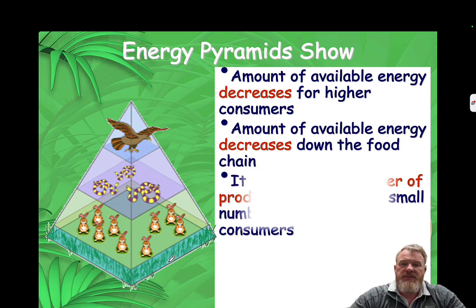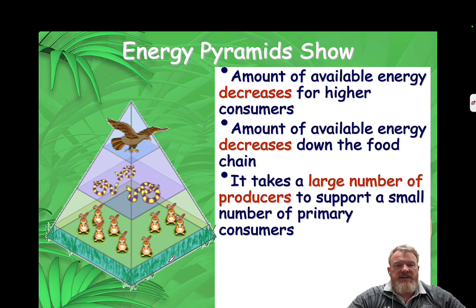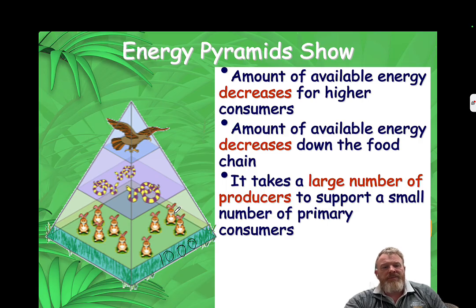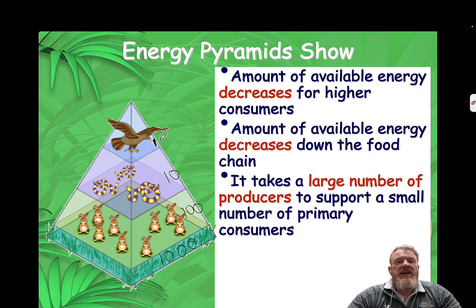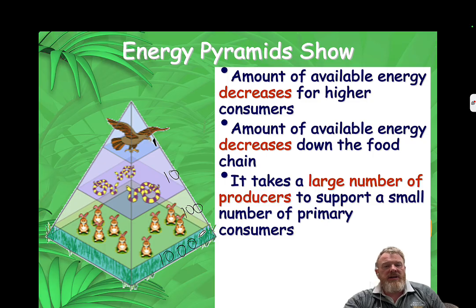So it takes a large number of producers. I'm going to use these numbers for each because it's nice and easy. In the energy pyramid, whatever energy unit we're talking about, usually for us as humans, we refer to kilocalories.